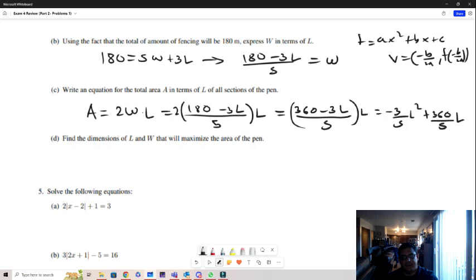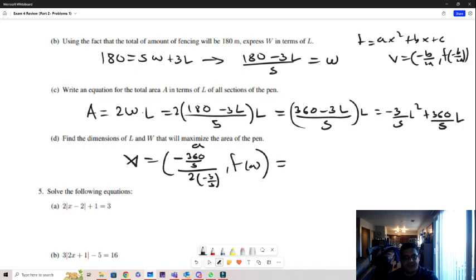So here, the vertex will occur at the point minus 360 over 5 over twice minus 3 over 5. And whatever f of this point is, I'm going to call this A. So for now, I don't care about that. But our minus and minus are going to go away, and the 5 is going to go away with the 5.